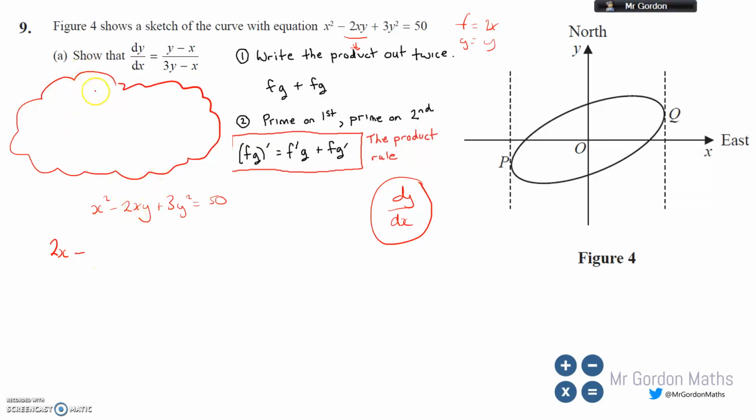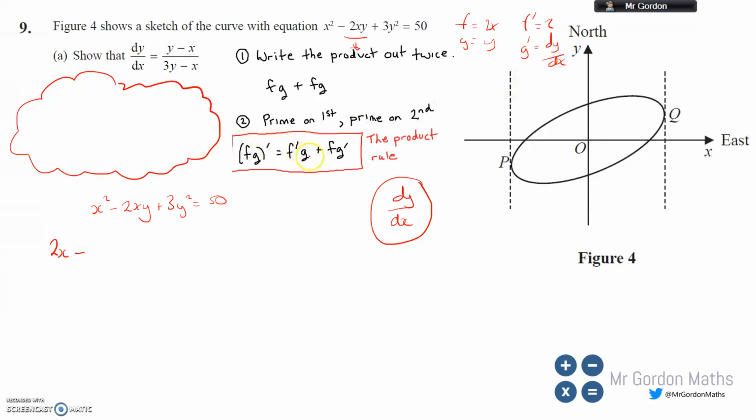So we had f is 2x and g is y. The differential of 2x is just 2. The differential of y is just 1, but I said I'm going to write dy by dx every time we differentiate, so that'll be 1 times dy by dx, which is just dy by dx.